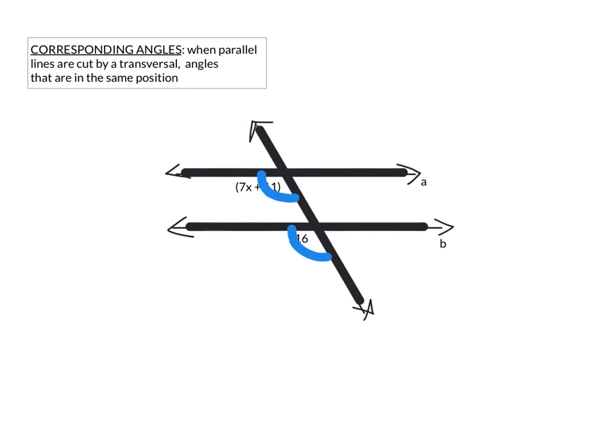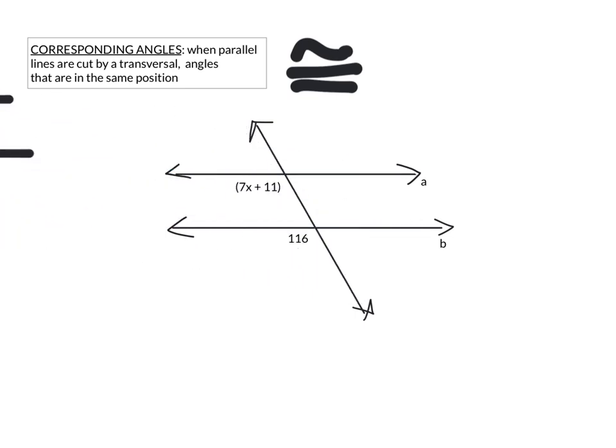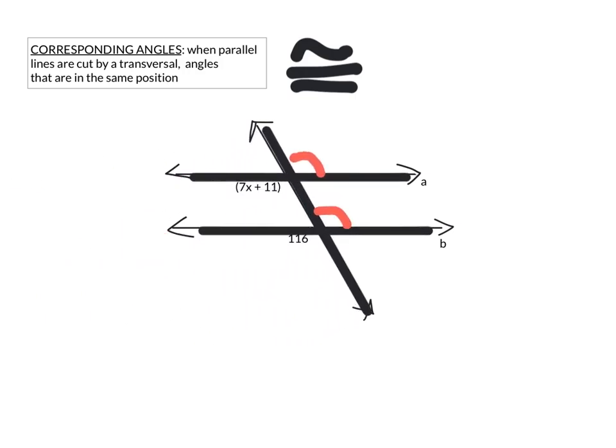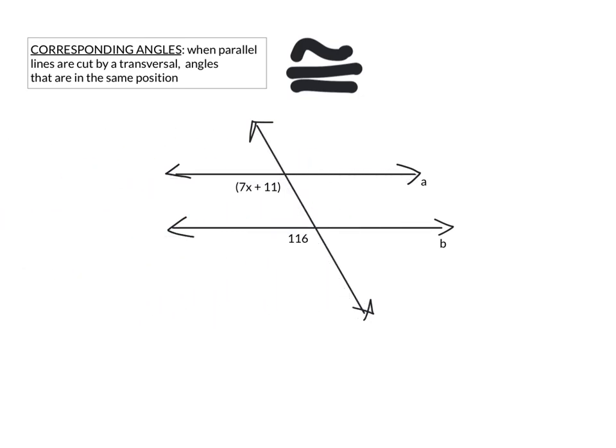And you can probably guess that corresponding angles are going to be congruent. All corresponding angles are congruent. Now, something interesting you'll notice is this is not the only pair of corresponding angles. There is another pair here. The ones on the top right are in the same position, so they are corresponding and congruent.